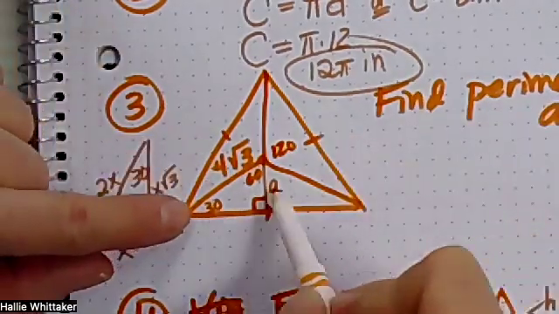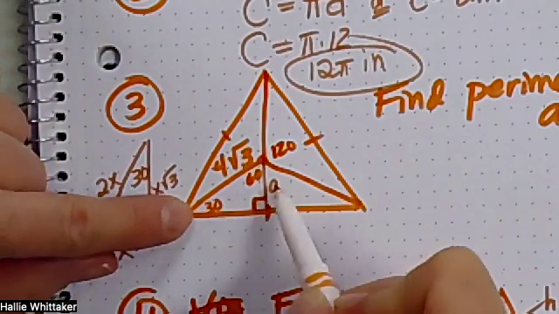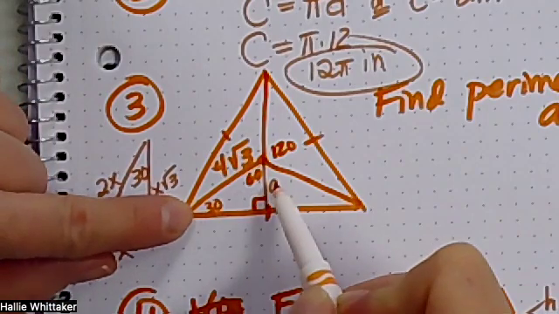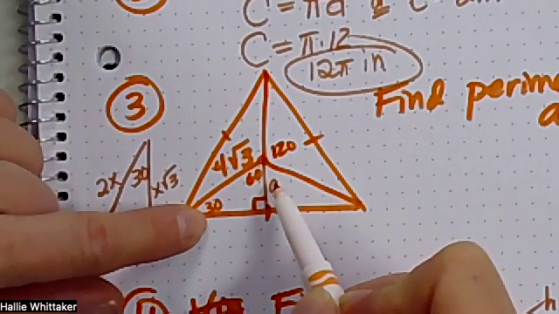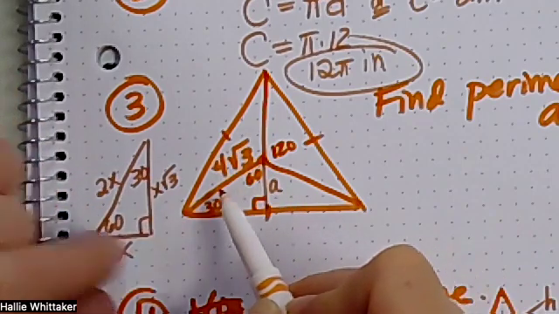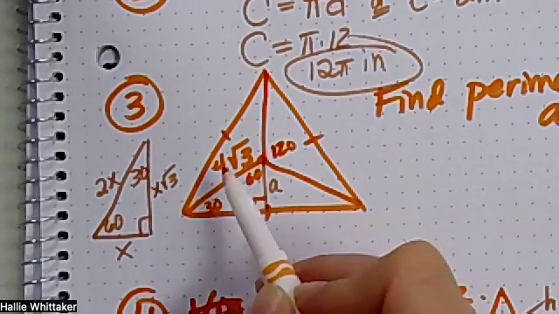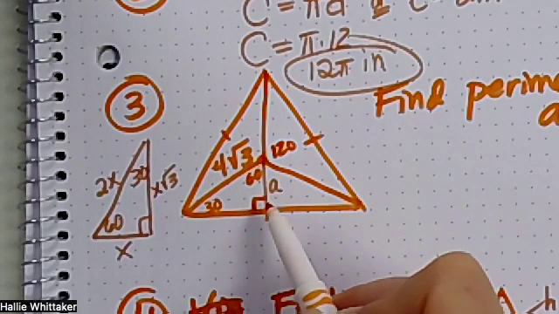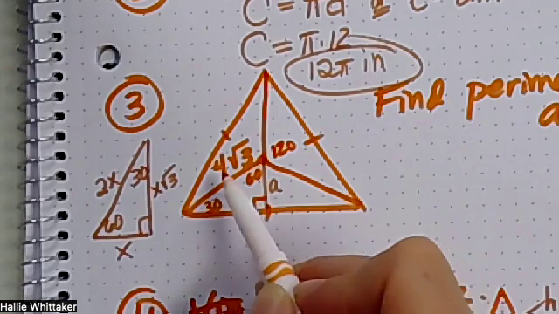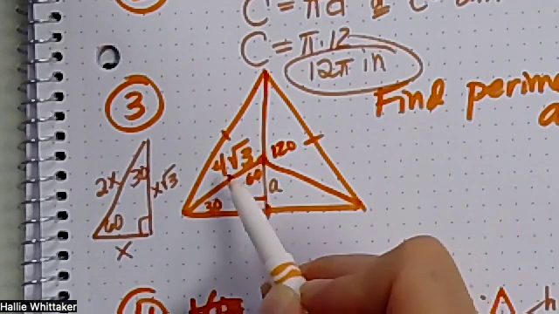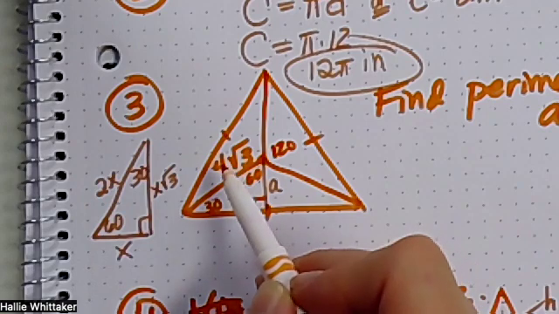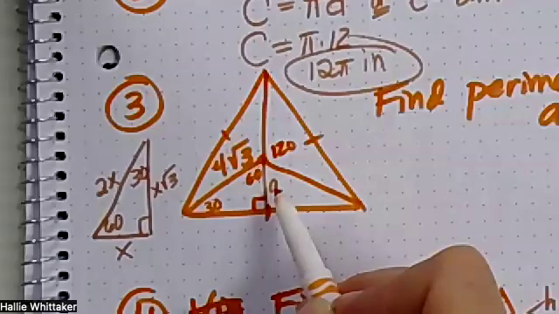We need to start with our 30-degree side. That will give us our apothem. They've given us the radius, which is 4 square root of 3. It's opposite the right angle, so what also is it? Hypotenuse. The side opposite the right angle is the hypotenuse. Now, how do we go from hypotenuse to the short side on a 30, 60, 90?